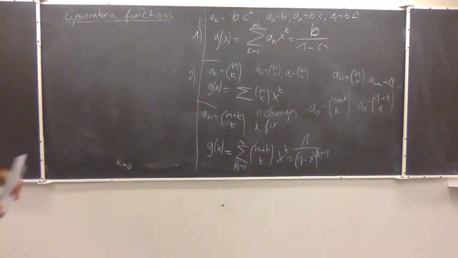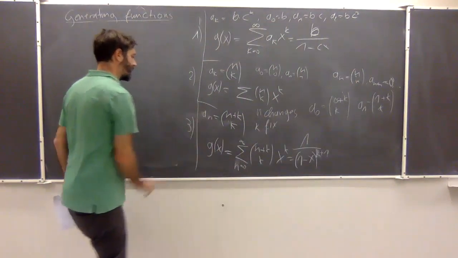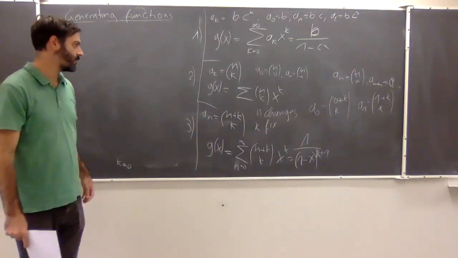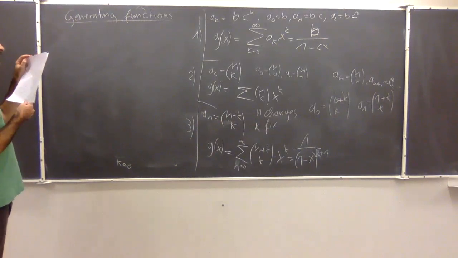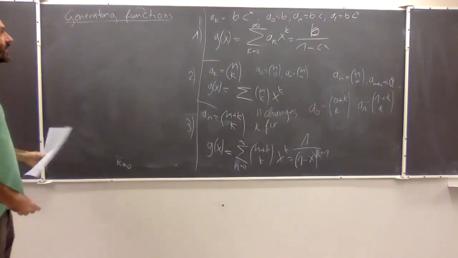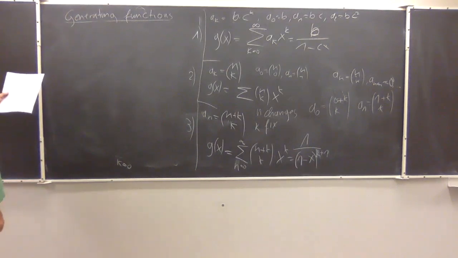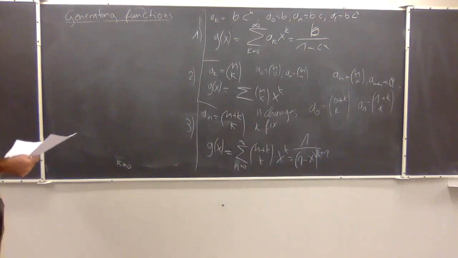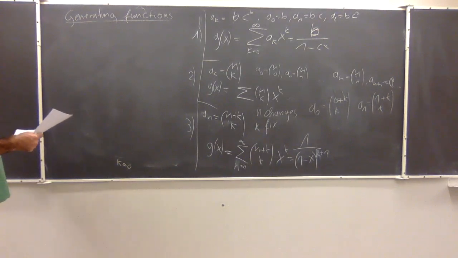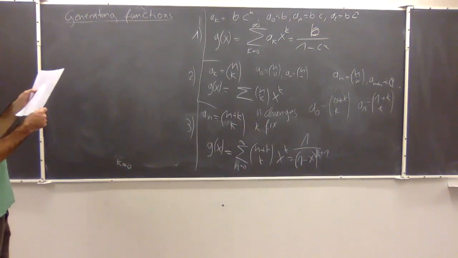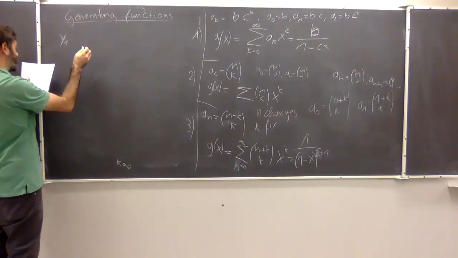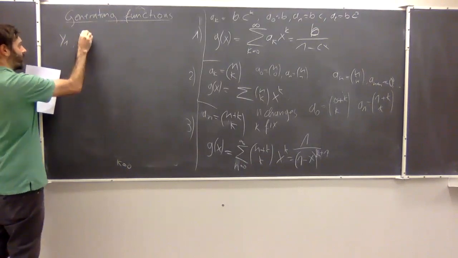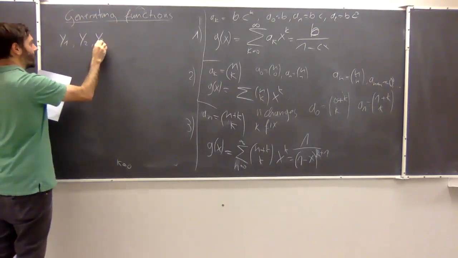Okay, so now we have 3 ways of encoding sequences in terms of functions and going back. So let's do one example of what it is good for. So let's look at the problem that you have variables y1, y2, y3.